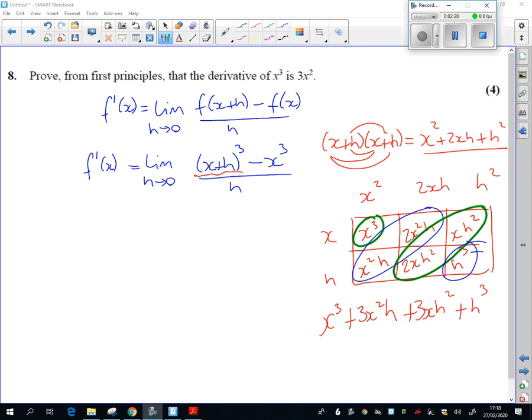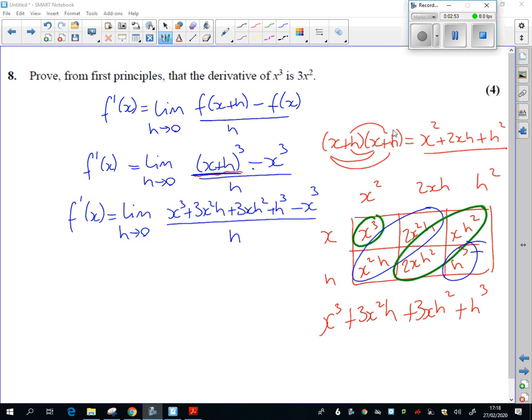So if I now go back to my proof, so f dash x equals the limit as h tends towards 0 of x cubed plus 3x squared h plus 3x h squared plus h cubed. Okay, so that's all that bit there, and then I'm minusing that x cubed.